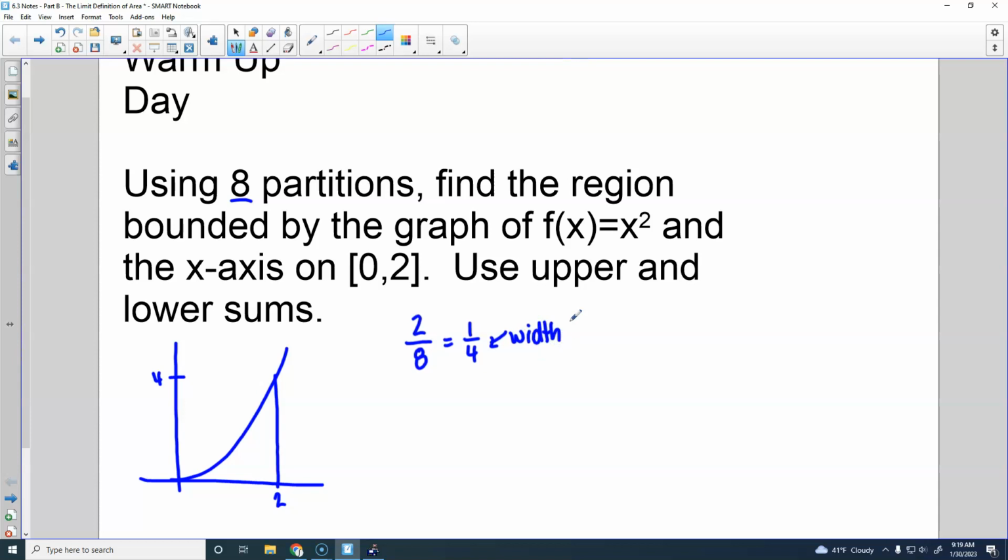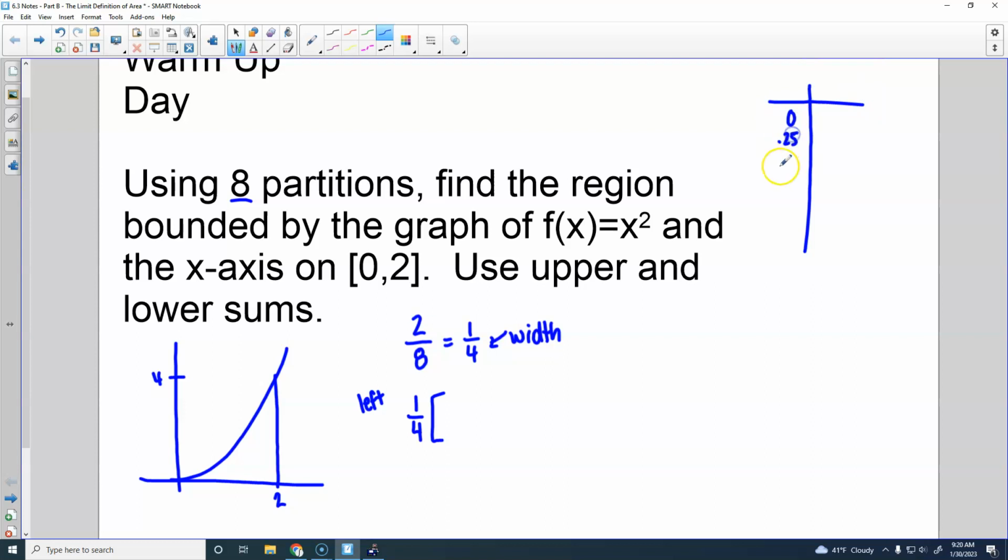Okay? And so here, what we'll have is 1/4. If we do a left sum, we will have 1/4 times, if I think about my table, it's going to be 0.